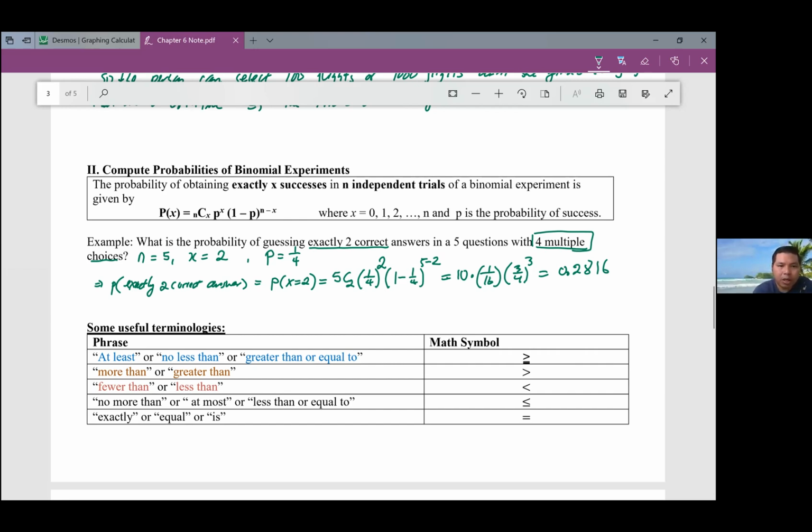All right. Another example. If we flip 80 times, so the probability of getting exactly, let's say, 15 heads. So you do 80 choose 15, and then 1/2 to the 15th, and then (1 minus 1/2) to the power 80 minus 15.